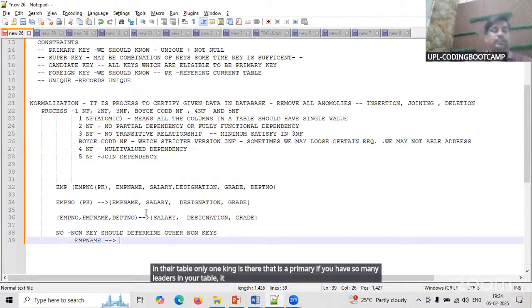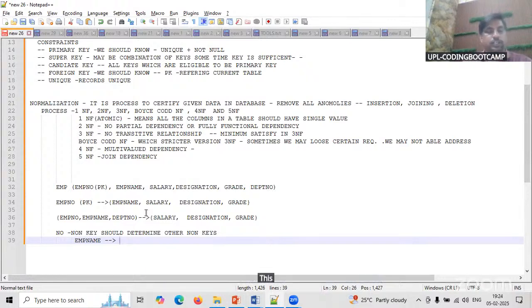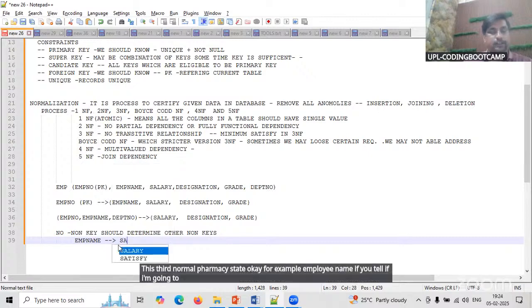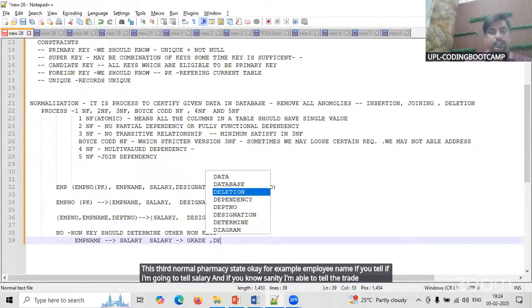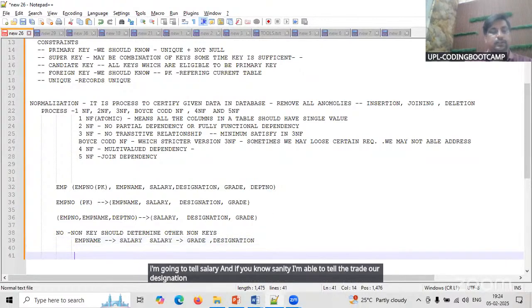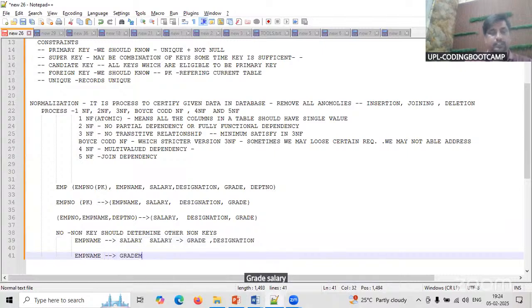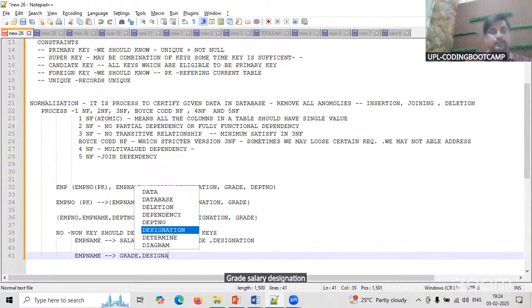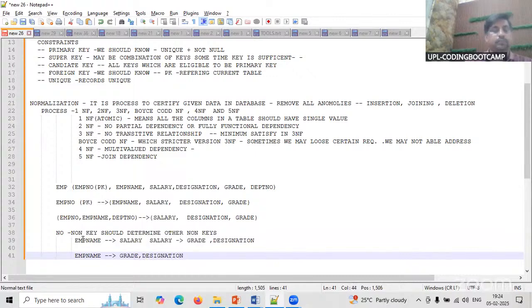That's why this is third normal form. For example, if you tell employee name, I can tell salary, and if you know salary, I am able to tell the grade or designation, then employee name is indirectly related to grade and designation through salary. This is nothing but a transitive relationship.